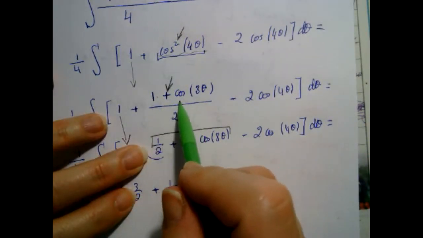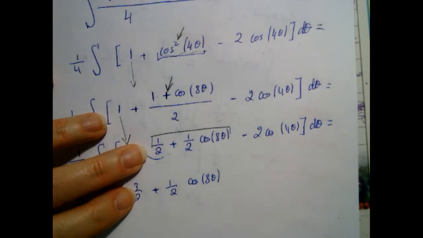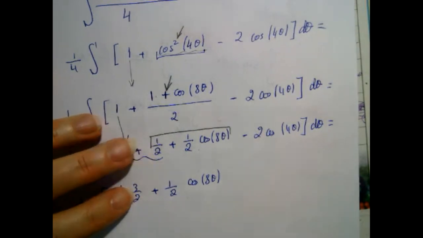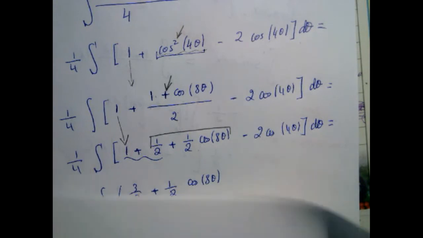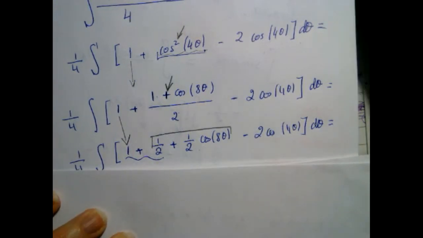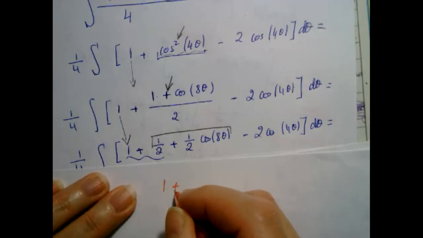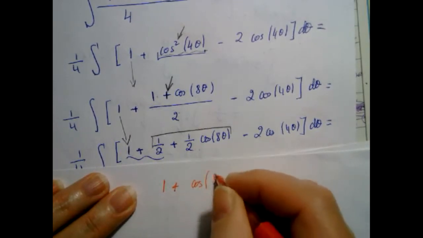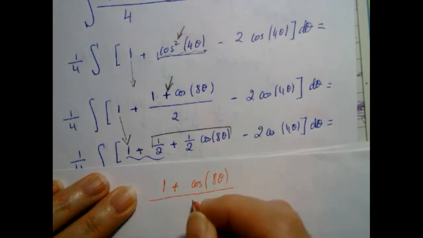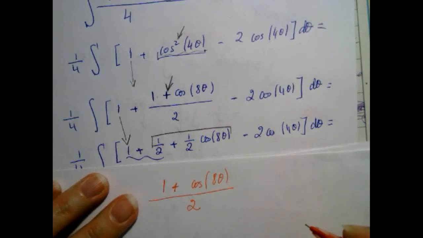I just split the numerator. I have 1 plus cosine 8 theta, the whole thing divided by 2.